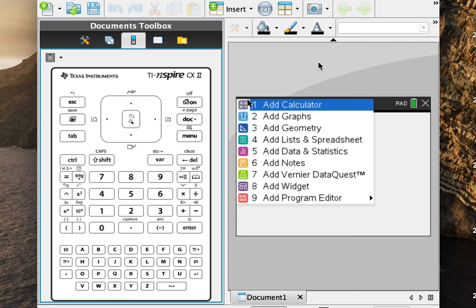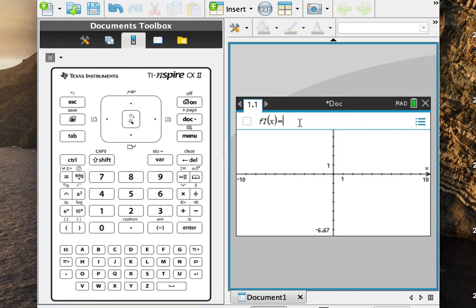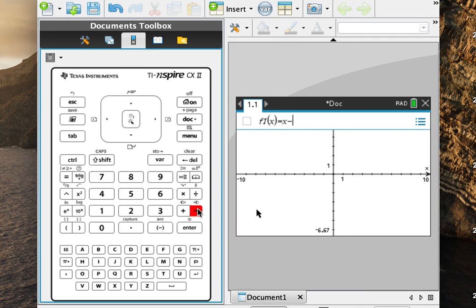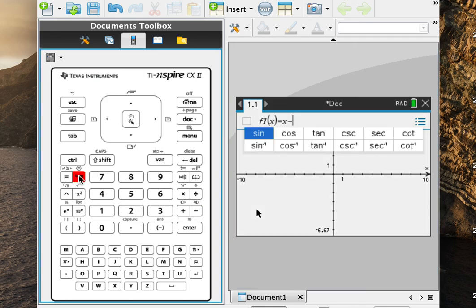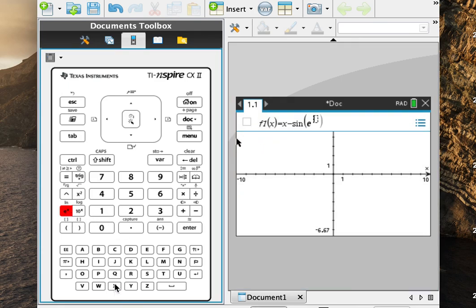In our graphing calculator, we need to go to graphs, and we're going to plug in our equation. Our first equation was x minus sine of e to the x.